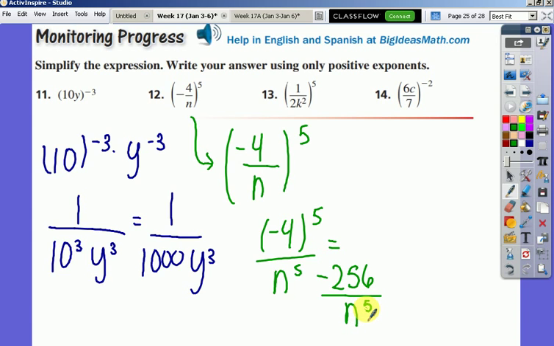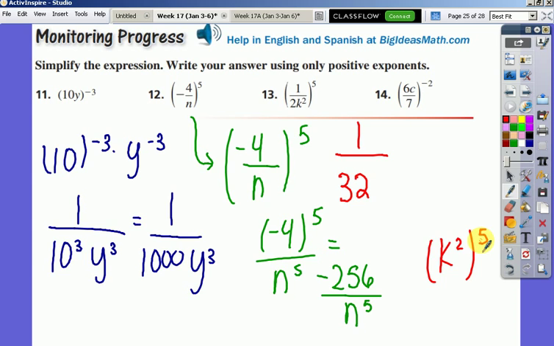You getting these? What would we raise to the fifth power on 13? 1, which is still 1. What else? 2. What's 2 to the fifth? 32. And we're going to raise k squared to the fifth power, which is what?